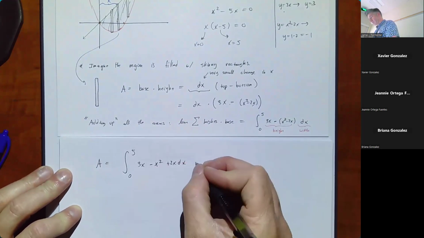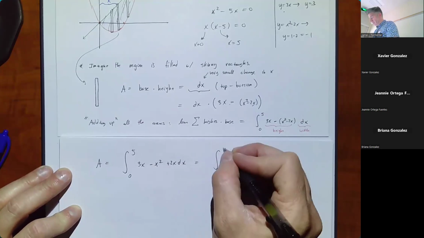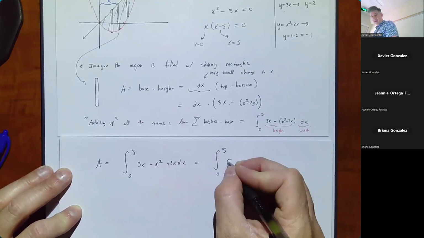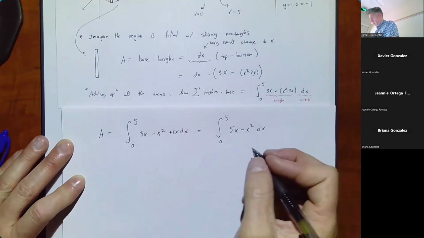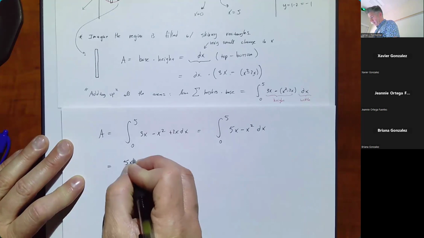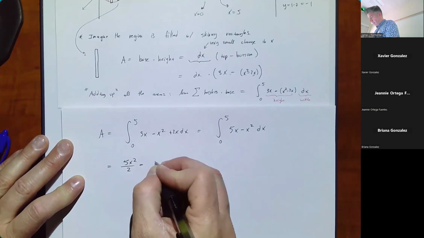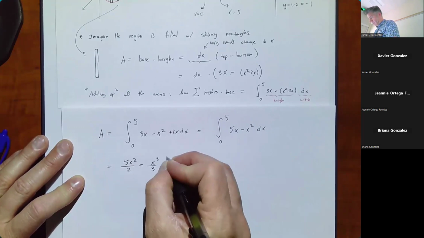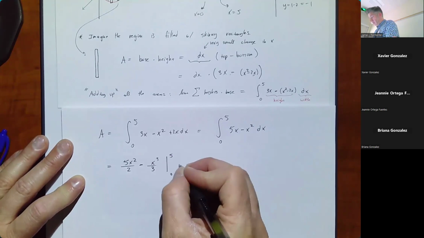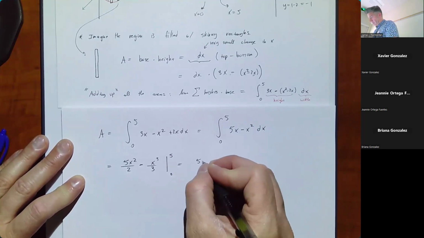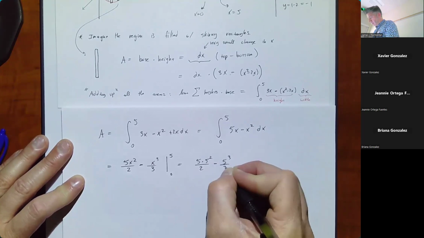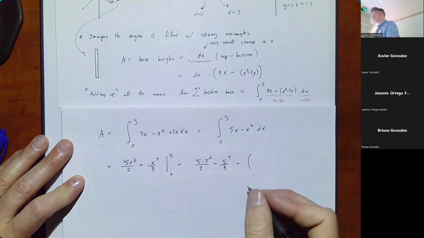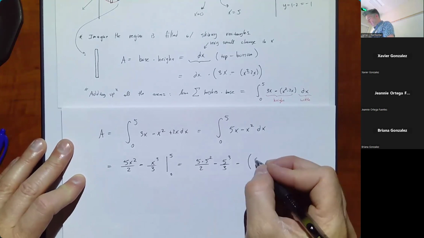I would personally choose to simplify this before I integrated. 3x plus 2x is 5x minus x squared, and then we anti-differentiate. We get 5x squared divided by 2 minus x cubed divided by 3 from 0 to 5. We plug in 5, we get 5 times 5 squared over 2 minus 5 cubed over 3, minus we plug in 0. And here when we plug in 0, we're going to get 0 minus 0.